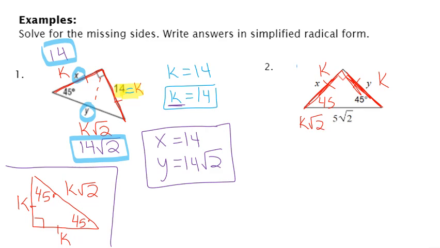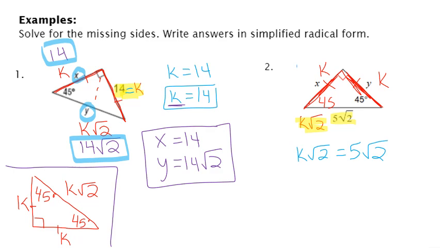I'm then going to identify the value they gave us and set it equal to the ratio. So I have here k radical 2 is equal to 5 radical 2.